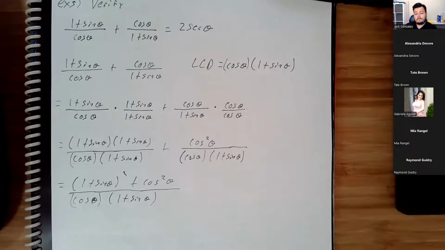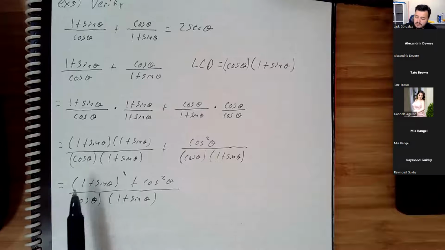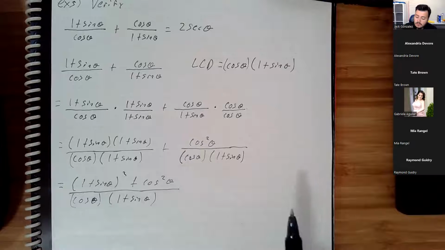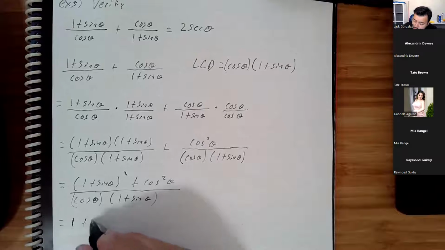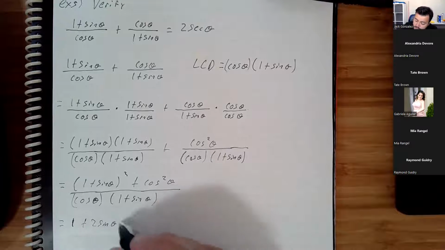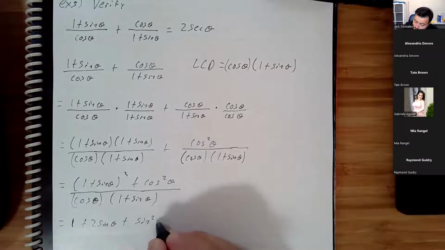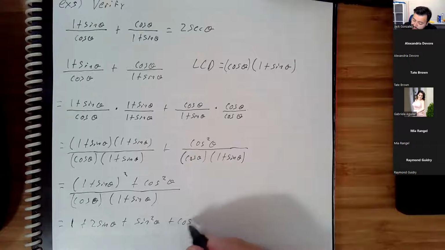There we go. All right. At this point, we should probably multiply this out. See what we can do. So FOIL that out, that'd be a 1 plus 2 sine plus sine squared plus cosine squared.